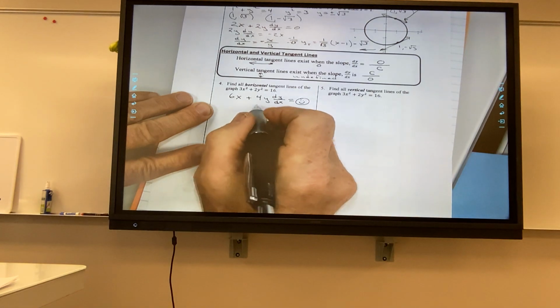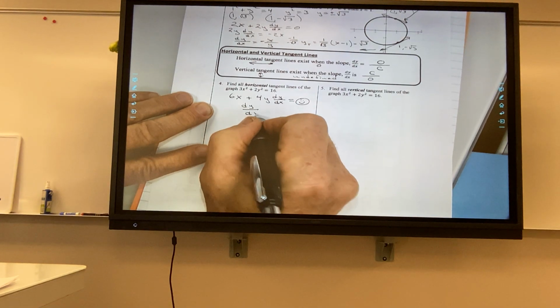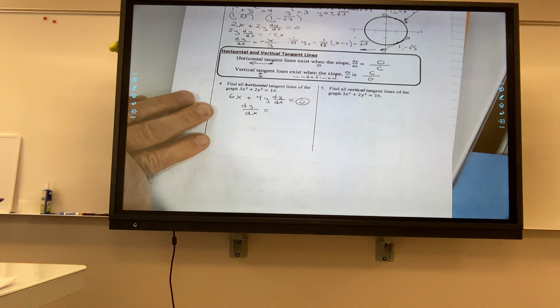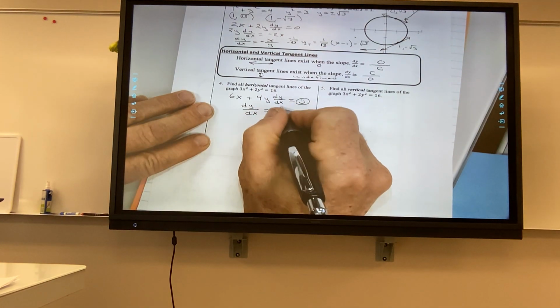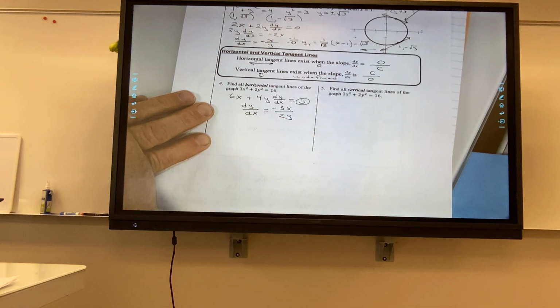So that means dy/dx is equal to what? It's going to be a fraction, right? Negative 6x over 4y. Could I write a negative 3x over 2y? Would you be okay with that?